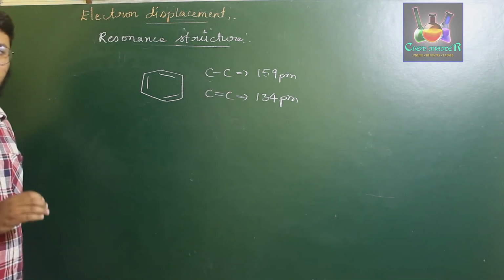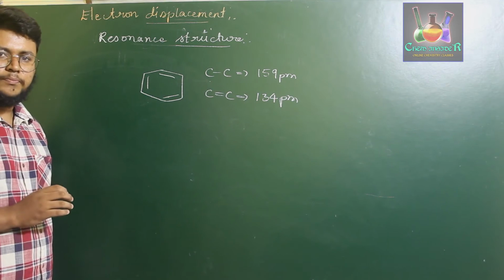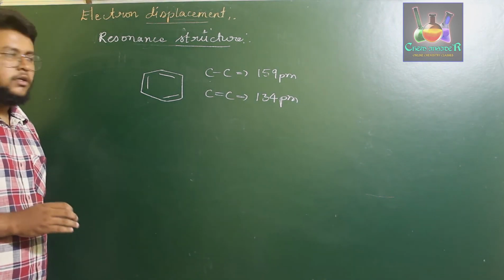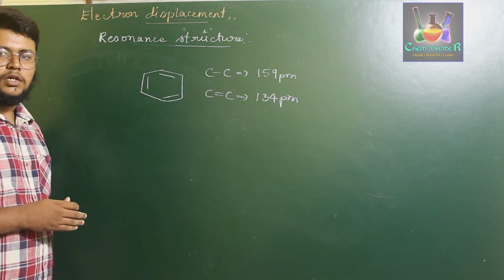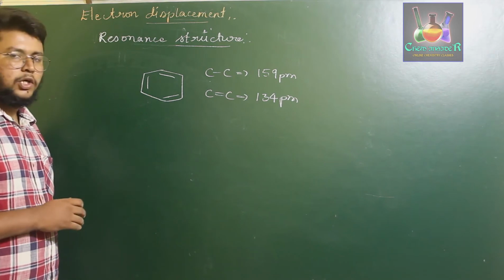Now, if you compare the bond lengths of carbon-carbon atoms in benzene, we should be observing a structure with 3 carbon-carbon single bonds of 159 picometer and 3 carbon-carbon double bonds of 134 picometer.